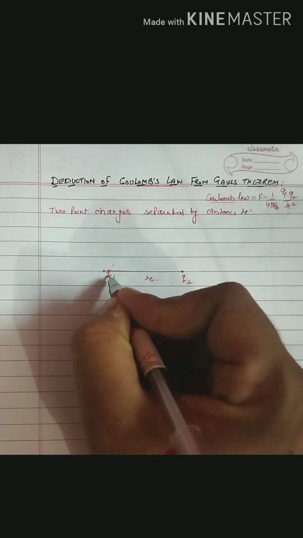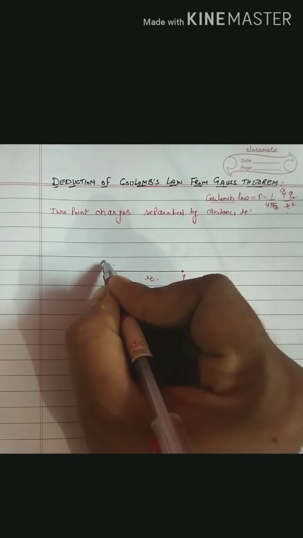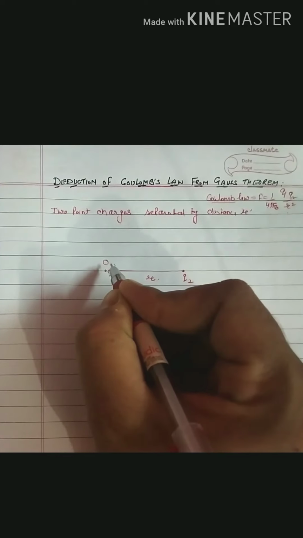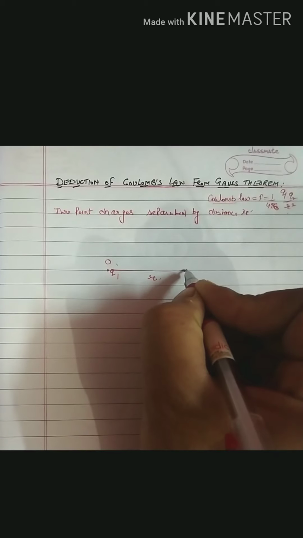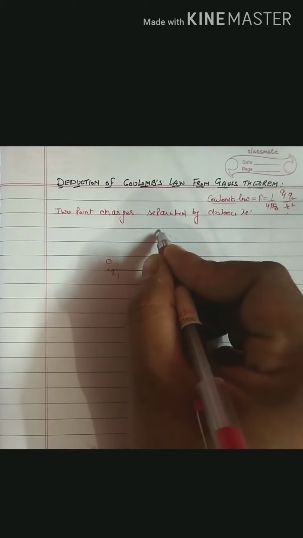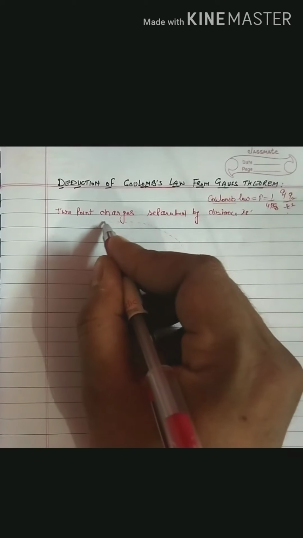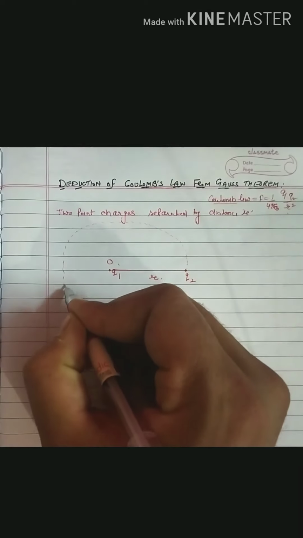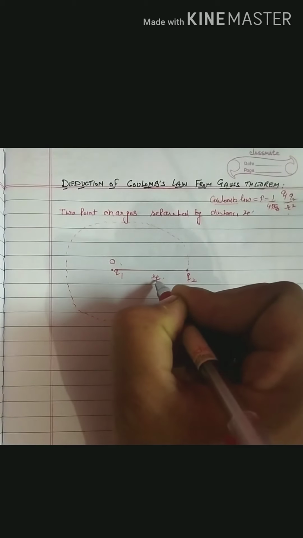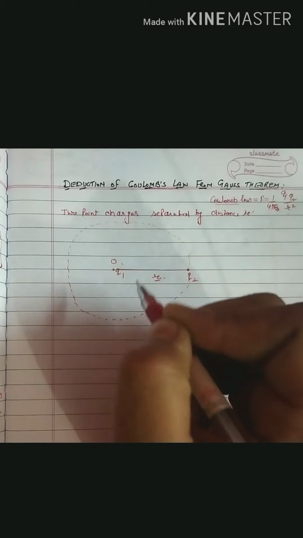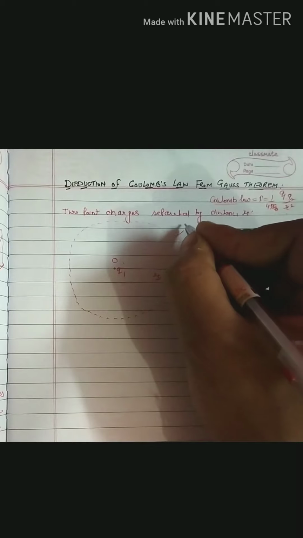Considering this Q1 charge as the center and r be the radius of this Gaussian surface, we will draw a closed surface whose radius is r, and Q1, that is the charge, lies at the center O. This is known as Gaussian surface.